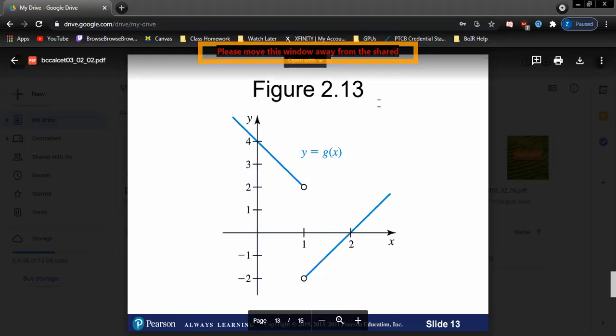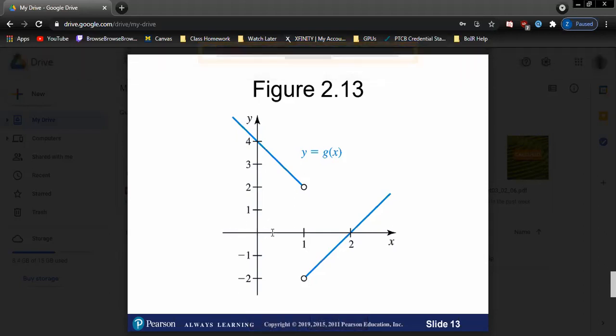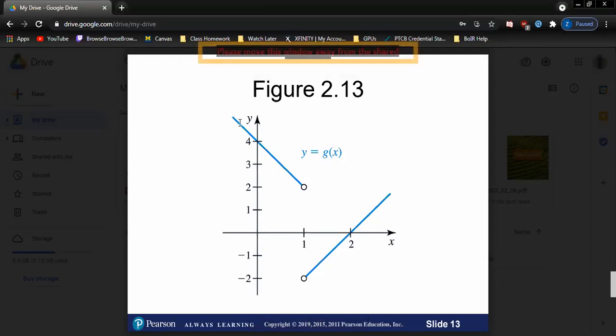Okay, so let me clarify this once again, and then I'll answer some questions. You are approaching from your left, right? So you are approaching this way towards x equals 1. Slowly and slowly your graph is approaching this way. And you see, when you are going close to this one from the left, the graph is going close to this hole, which is at 2.